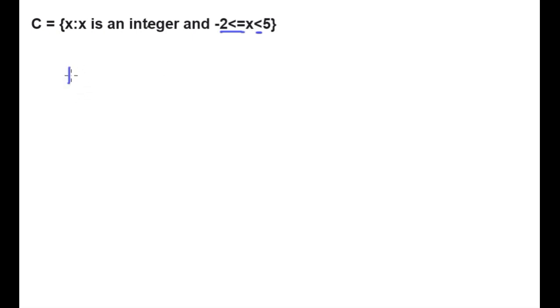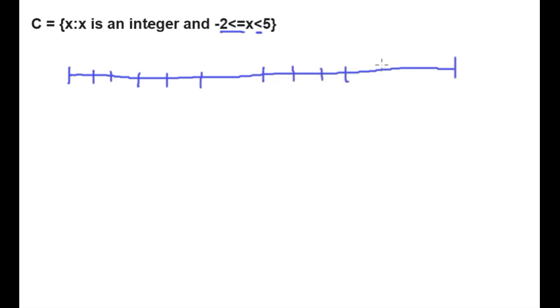If we make a number line, we will put 0 here. 1, 2, 3, 4, 5, -1, -2, -3, -4, -5.